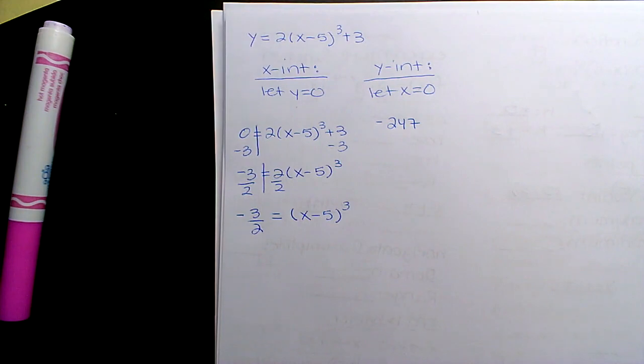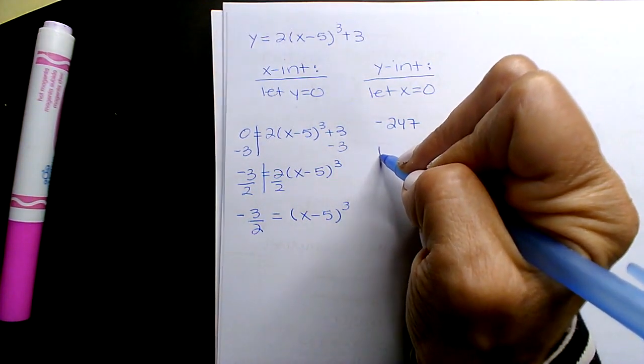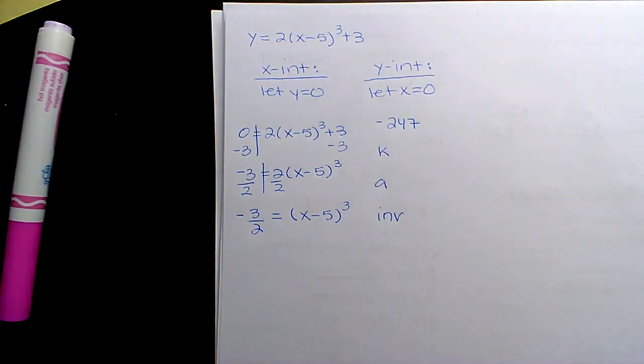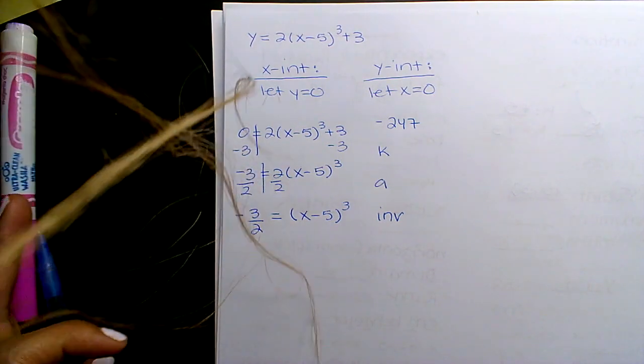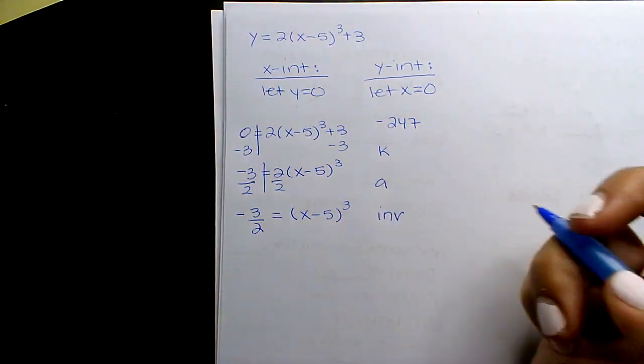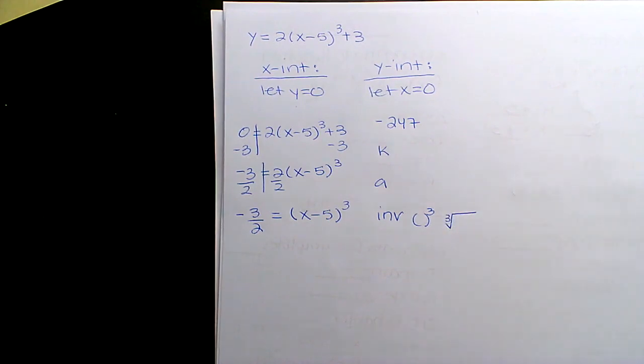Okay, so remember what we've covered in the past. You do your K first, then you do your A, then you're going to inverse the function. And so how do I inverse a cube? Huh? Not square root, cube root. So yeah, you're correct. Now if I want to undo this cube, the inverse operation to cubing is cube rooting.